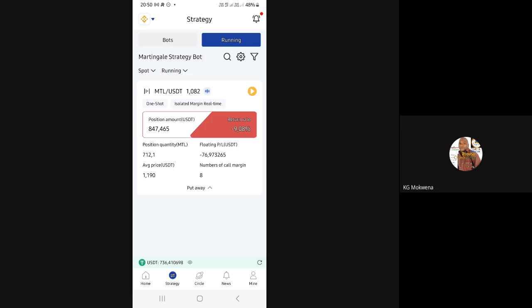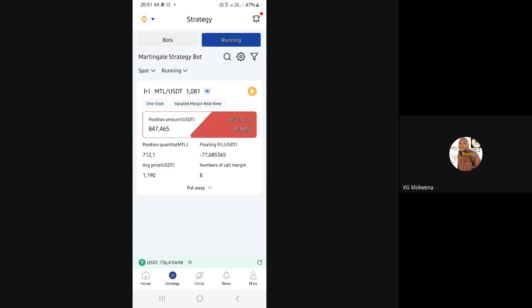When you click here, it will take you to the transaction page. So we're going to see where we can switch on margin calls. The reason why the robot did not go back into position 9 is because we didn't actually open margin calls. So now click on the position, sir, so that we move out of the strategy page and go to the transaction page.